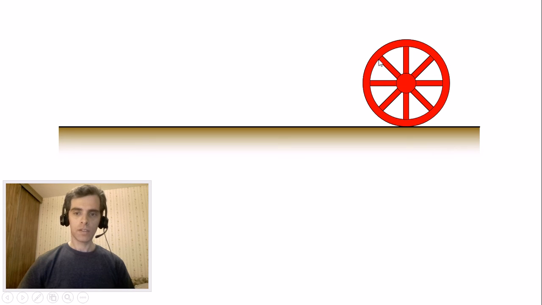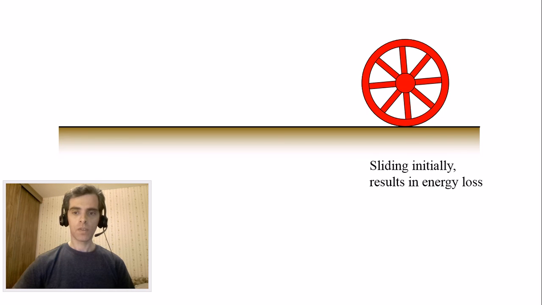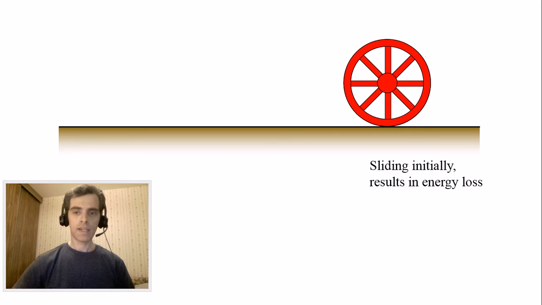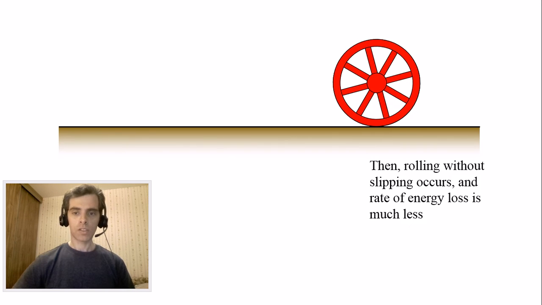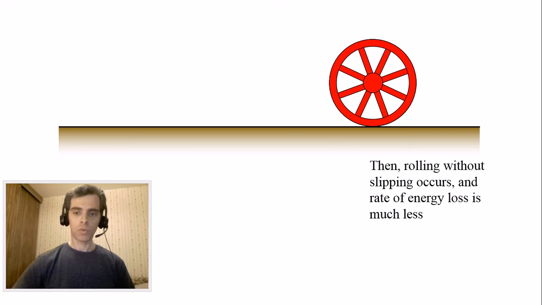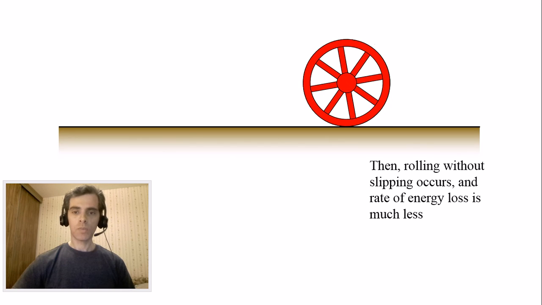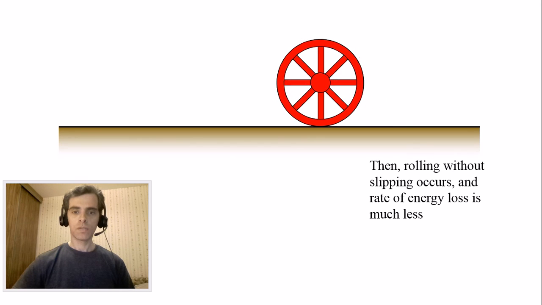So the flywheel, drawn here, comes loose during operation. So what happens is it is rotating while also sliding along the ground. So there's initial sliding, which results in half the kinetic energy being lost due to friction. So there's sliding, and then the wheel stops sliding, and it's simply rolling without slipping. So it just keeps rolling as shown.